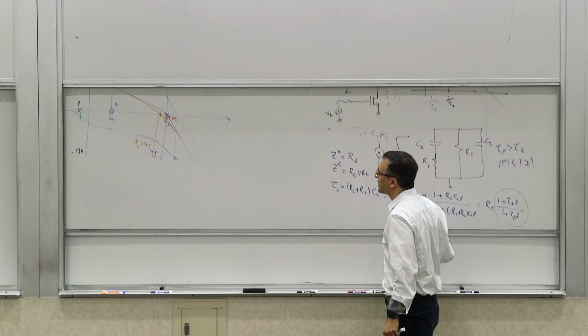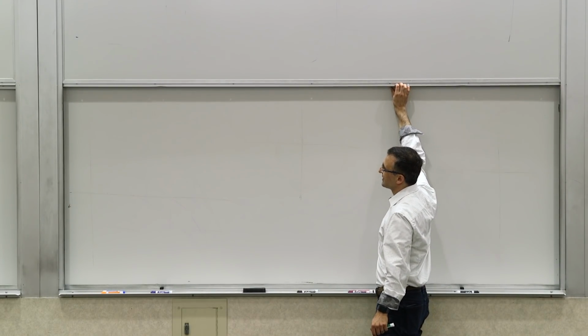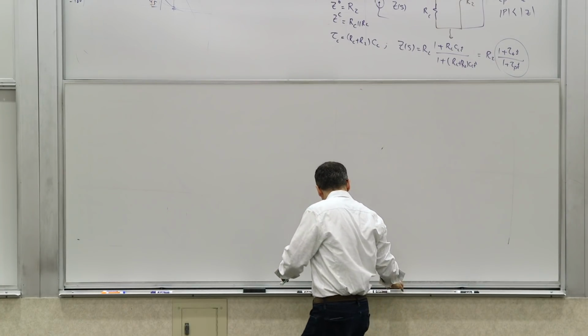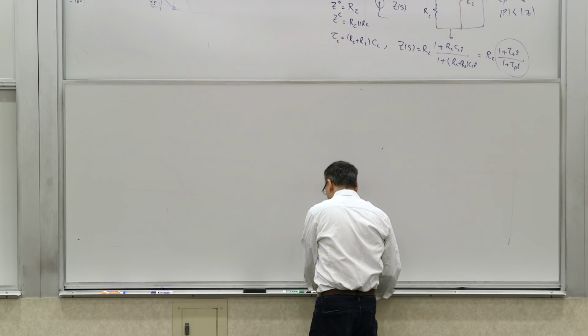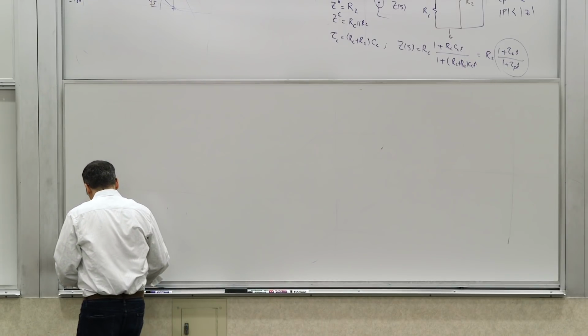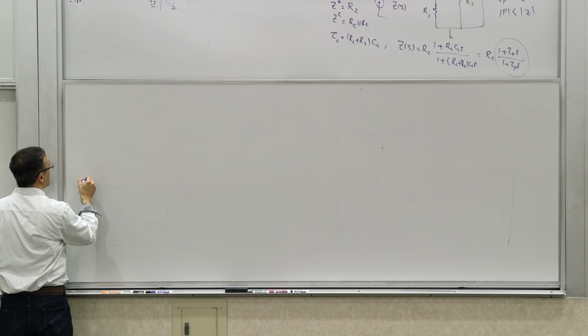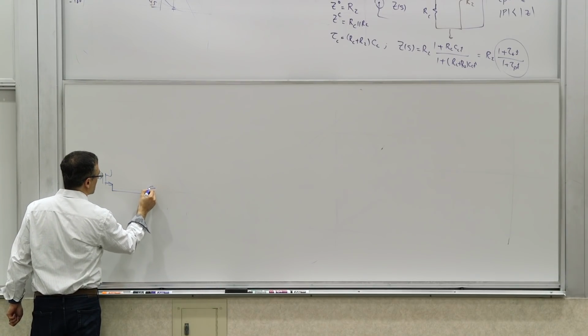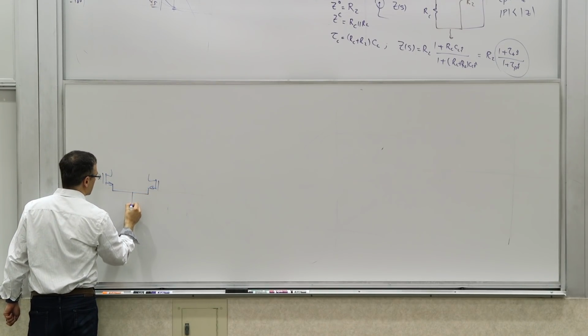So let's start with the simplest op-amp that we built, right? The simplest op-amp that we designed was this one. You had a differential pair, MOS or BJT, doesn't really matter in this case.